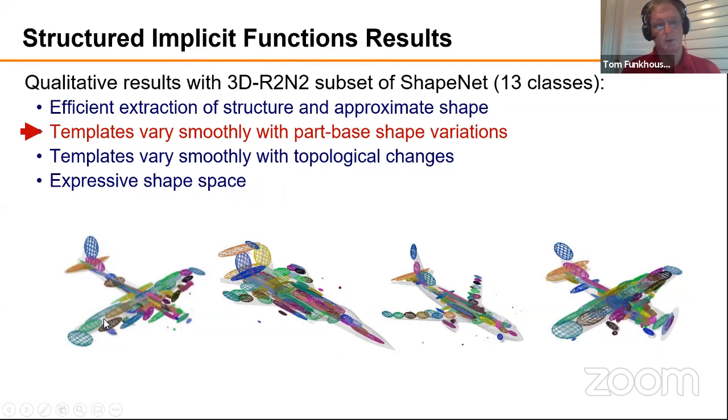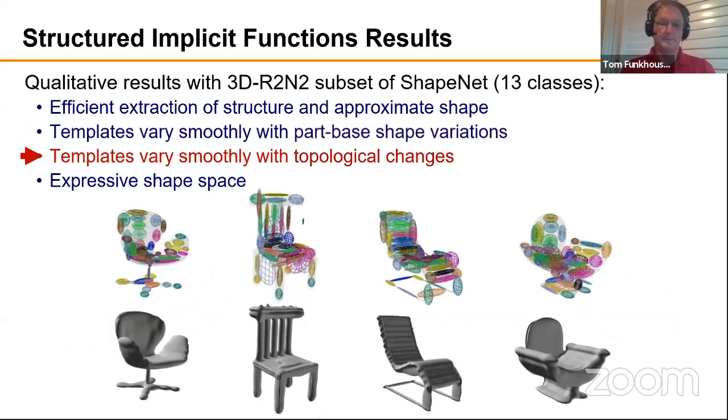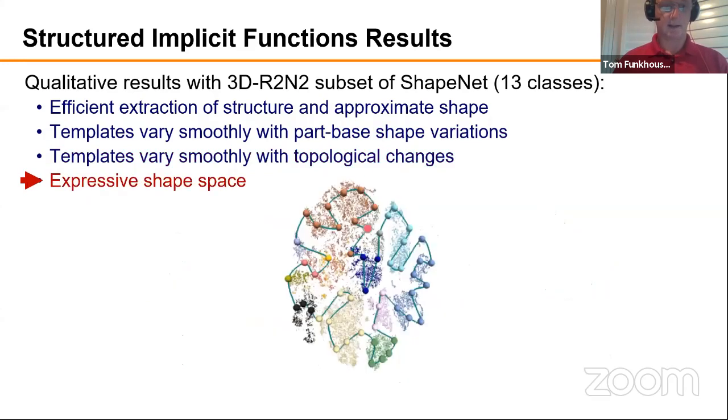And if we were to interpolate between these, those would move smoothly between them. And so it provides a continuous representation for variations of shape, region-wise. And then they can represent implicit functions, so they can represent varying topology smoothly. And they also represent a fairly expressive shape space.